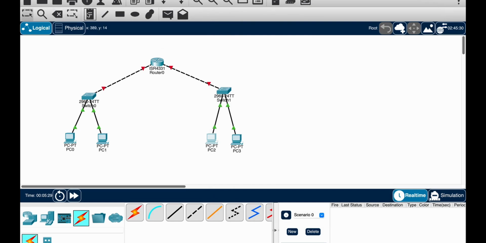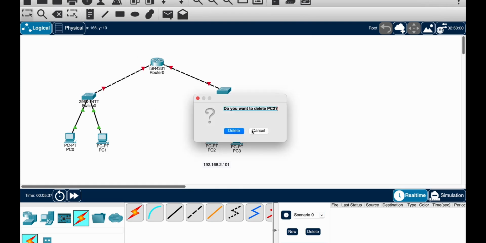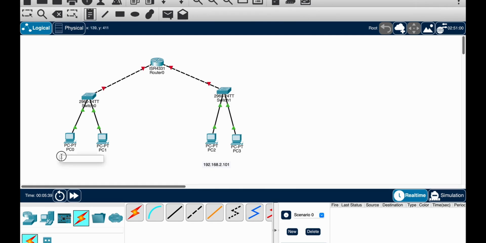Let's go ahead and add these notes over here so that we can later refer to this. So this is 192.168.2.101, and this guy over here is 192.168.1.101. All right, let's go ahead and move these over here. So it's this guy over here and this guy over here.